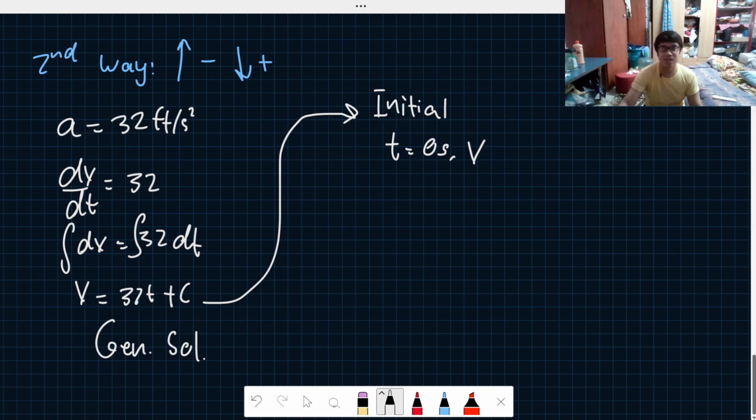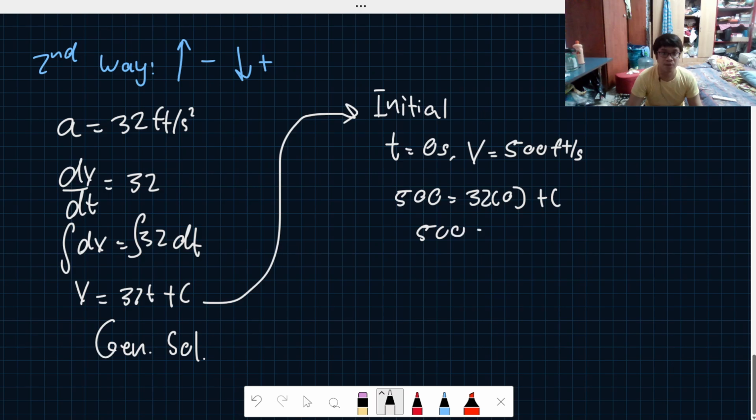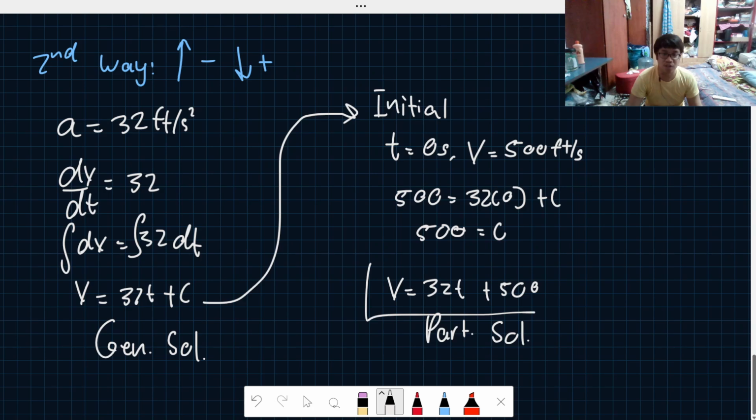In that case, remember what goes down is positive, so we will use positive 500 feet per second instead. We get 500 is equal to 32 times 0 plus c, so c is 500 feet per second. Therefore, v is equal to 32t plus 500. This is your particular solution, the formula for your velocity.